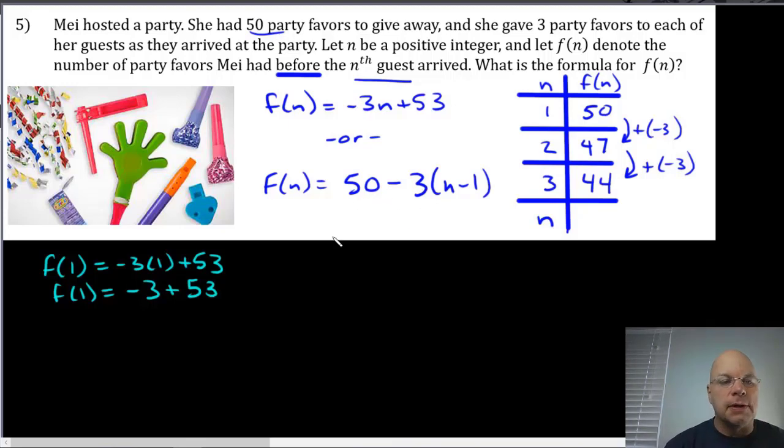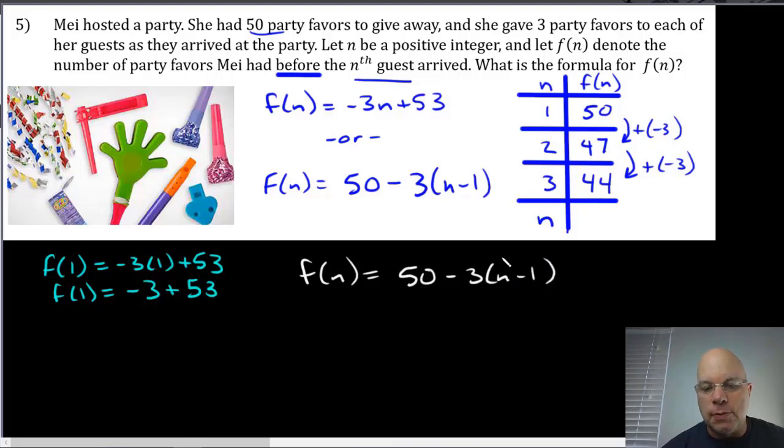They're both equivalent. Let me try to convince you of that down here. If I take this second version of the equation that we wrote, and I distribute this, well, let me first use the definition of subtraction. 50 minus 3 times n minus 1 is the same as 50 plus negative 3 times n minus 1. Subtracting is the same as adding the opposite.